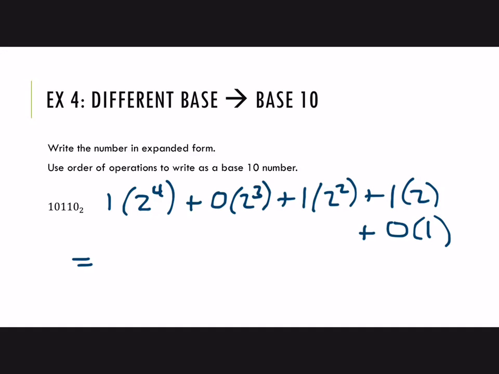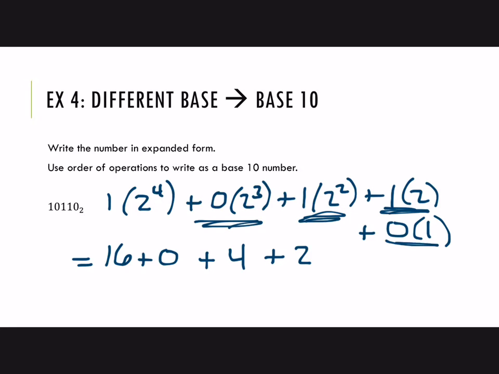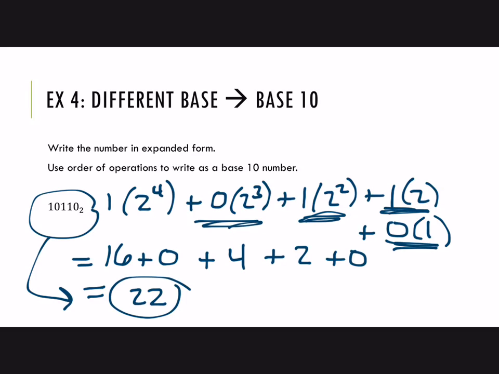So this is 2 to the 4th, which is 16. This is 0. Okay, 0 times 8. Then next I have 2 squared is 4. 1 times 2 is 2, 0 times 1 is 0, and then adding those together, that gives 22. So this is the base 2 way of writing the base 10 number 22.